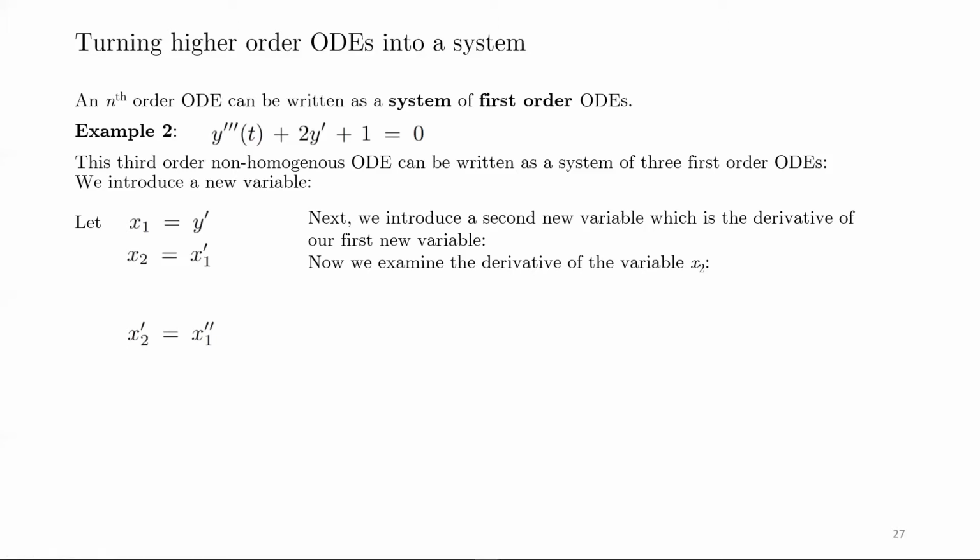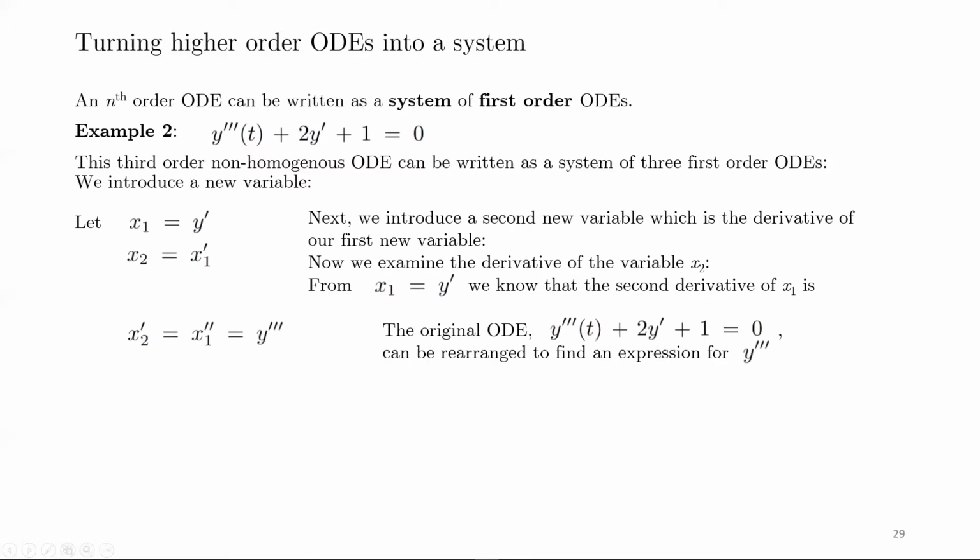But x1 equals y prime, right? So if I take two derivatives of x1, I get x1 double prime. If I take two derivatives of y prime, I'm going to get y triple prime, so the third derivative of y.